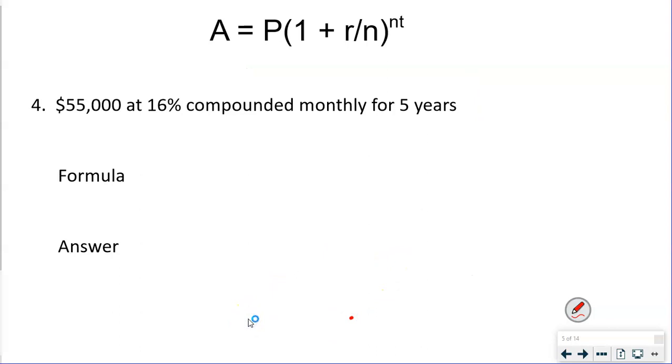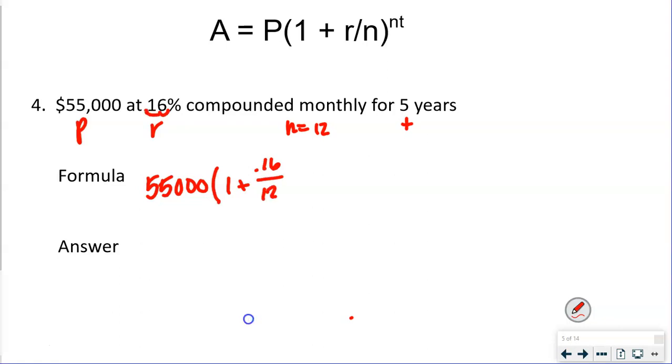All right, so on this one, again, same thing. We've got P here. This is our rate of interest, compounded monthly this time, so n is going to be equal to 12, and then this is going to be our t. So our formula is going to be 55,000 times 1 plus 0.16, again remember, moving it 2 places to the left, over 12, and then we're going to do that 12 times 5.